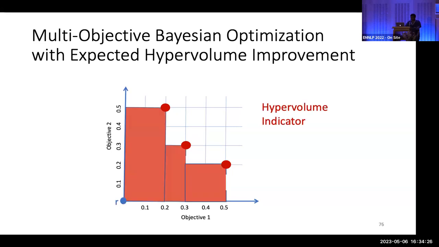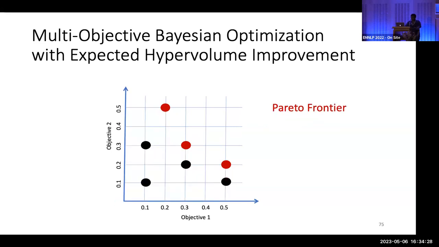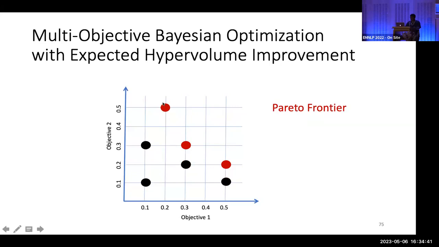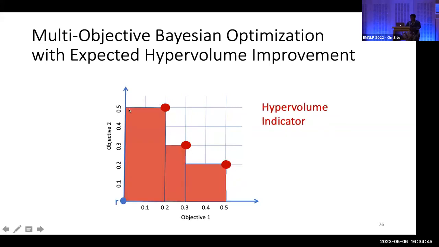So one way to do it is you can plot your points in this two-dimensional space. You can think of this as basic calculus. You can find first the Pareto frontier, and then given the Pareto frontier, you can find the volume of this space. So I'm going to define this red part. That's the volume of these 3 points.